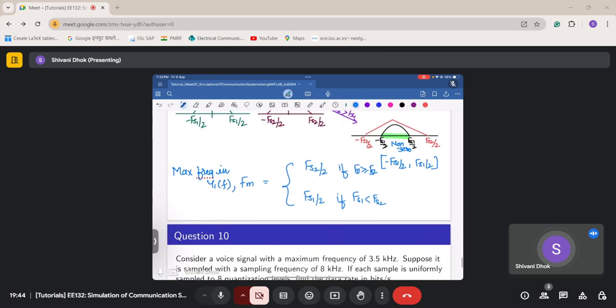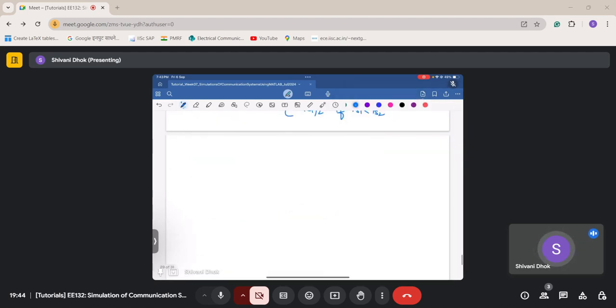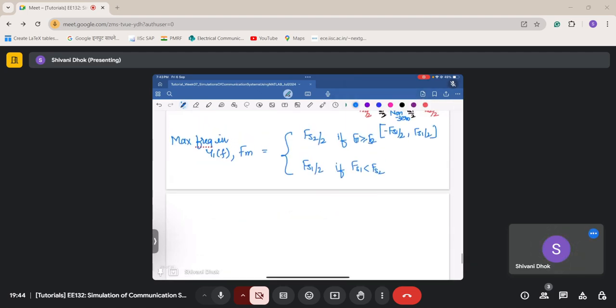So we can simplify this and write it as follows. Here it is fs2 by 2 and you have the minimum value as fs2. Similarly, for fs1, the minimum is fs1.